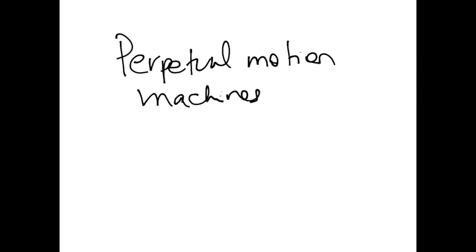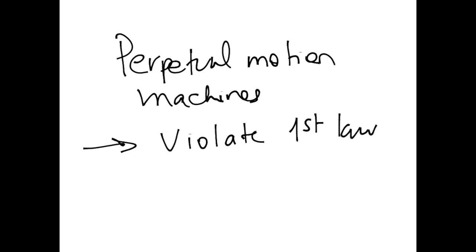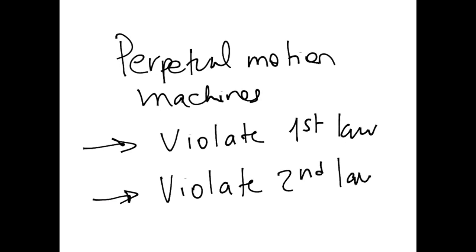These are machines that do not actually exist, that might violate the first law, for instance by producing energy from nowhere. They can also violate the second law, by turning all the heat into work.